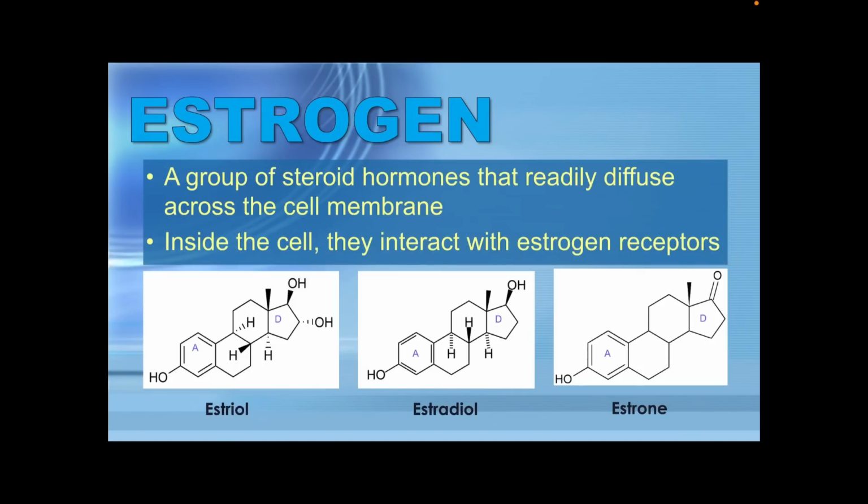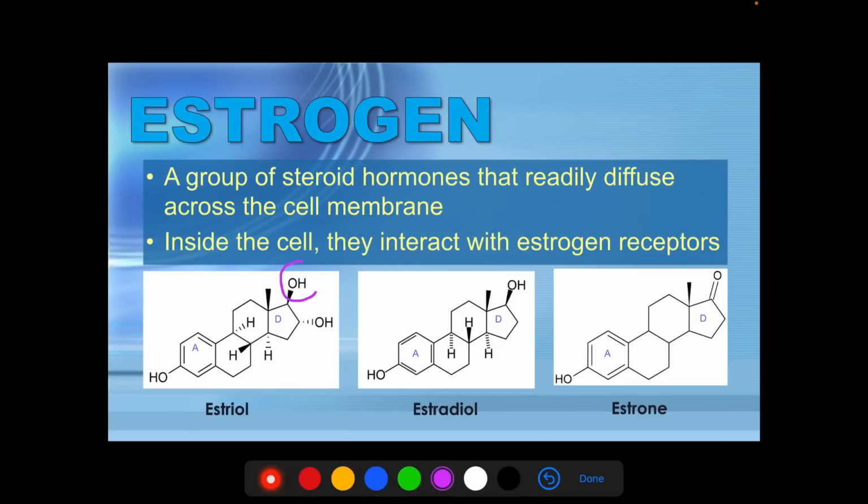So estrogen is a group of steroid hormones that readily diffuse across the cell membrane, and inside the cell, they interact with estrogen receptors. And we have three kinds of estrogen here. The estriol, and take note that we have three hydroxyl groups here: two attached to the D ring.